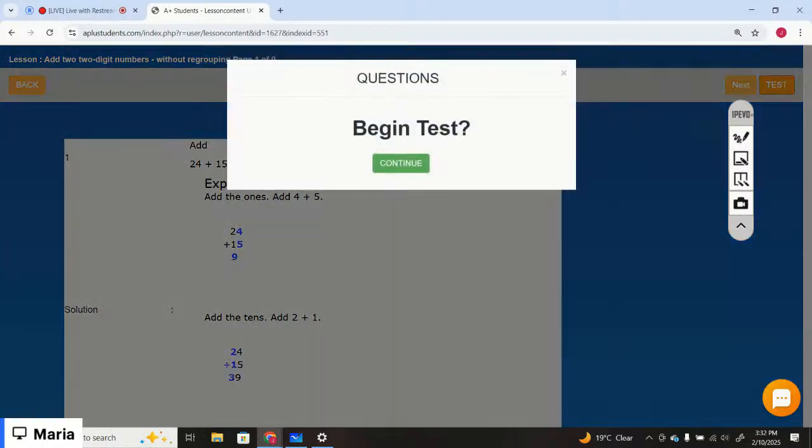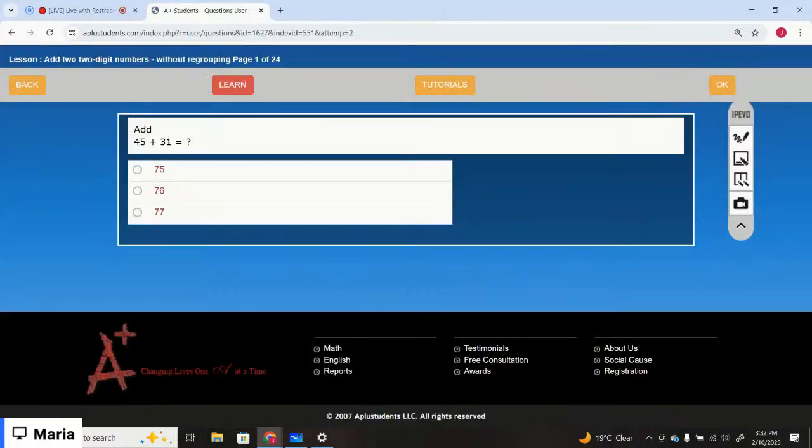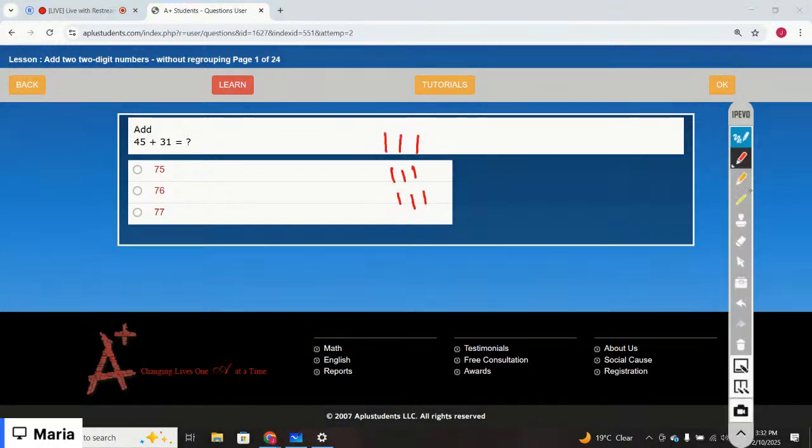Let's just start with the test questions. 45 plus 31. So let's just write them down one above the other.